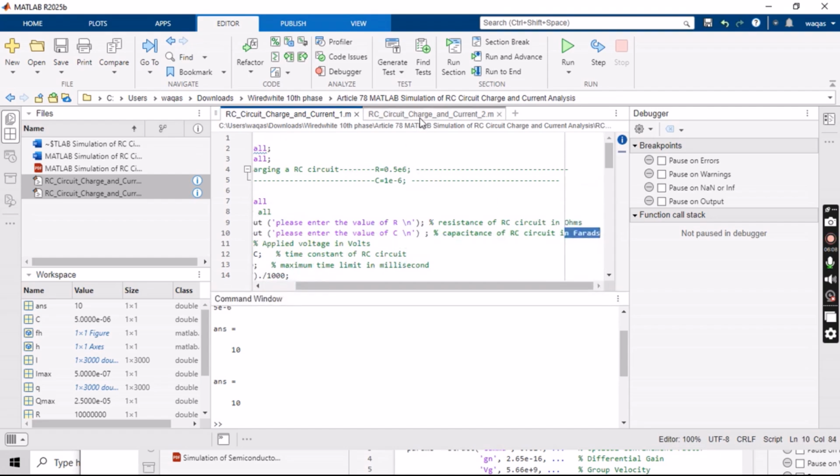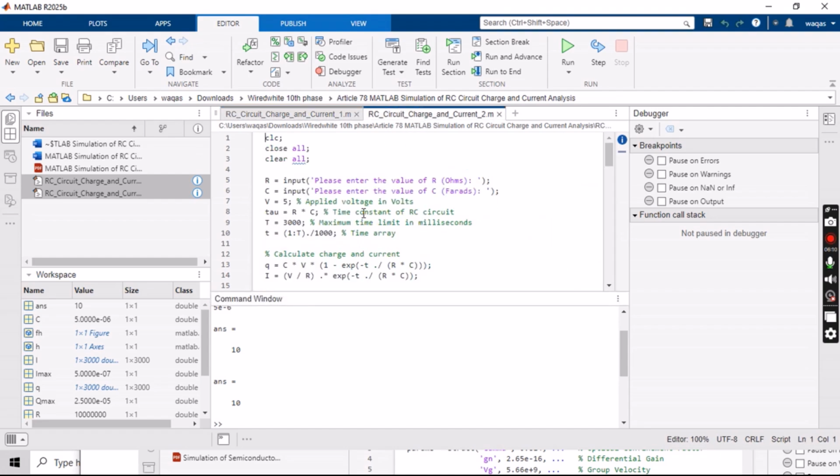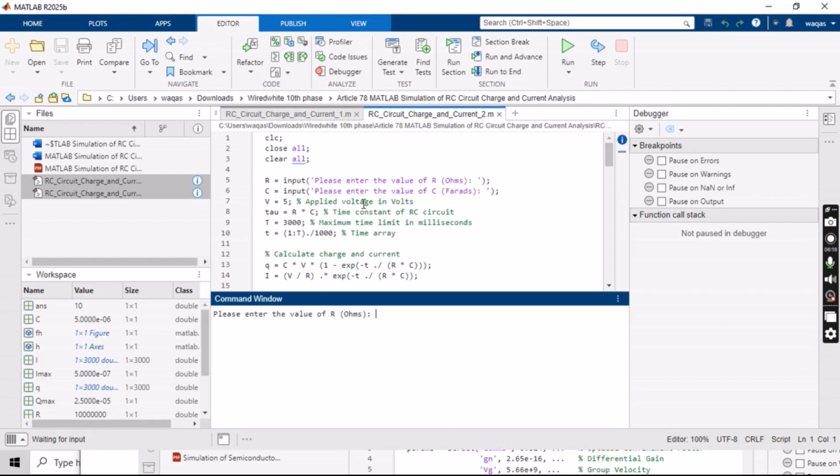Let me just run the second circuit. The second is basically different; we have used different parameters here. For example, R is 0.05 e power 6, and C is 1 microfarad.